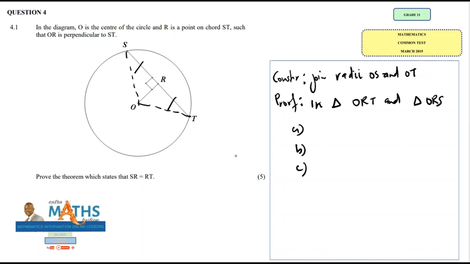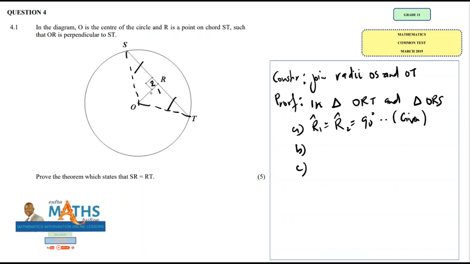The first thing is that we have been given on this diagram that O is the center of the circle and R is a point on the chord ST such that OR is perpendicular to ST. It means if this is R1 and this is R2, then R1 is equal to R2, which is equal to 90 degrees. That is given, because it's in our given statement.